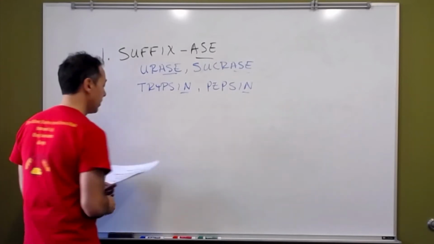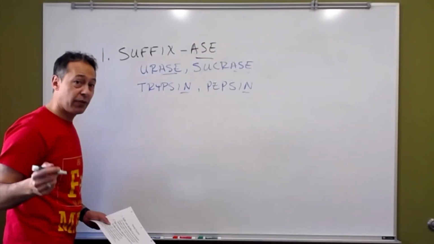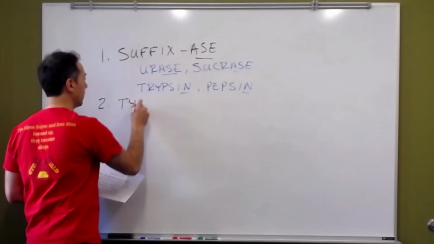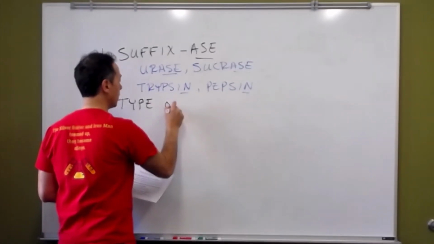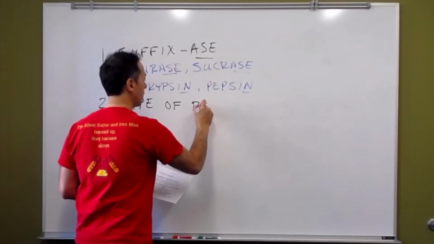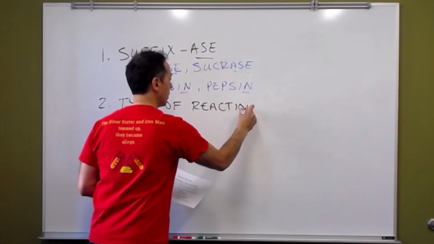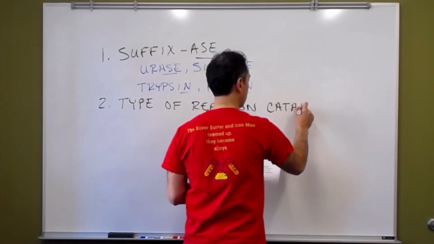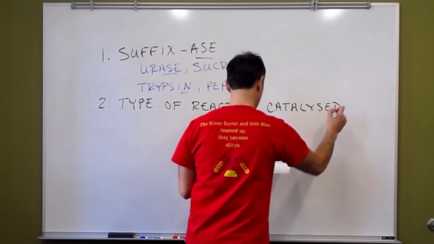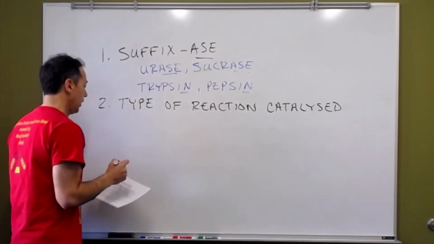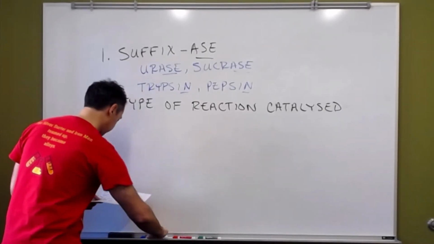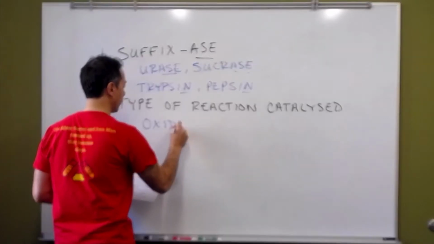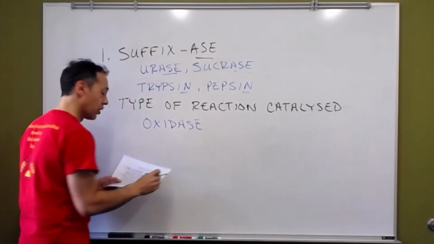Now, another way that we name enzymes is based off of the type of reaction they catalyze. Examples of this might be oxidase, or hydrolase.